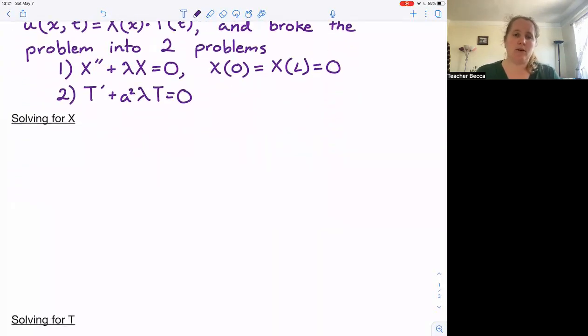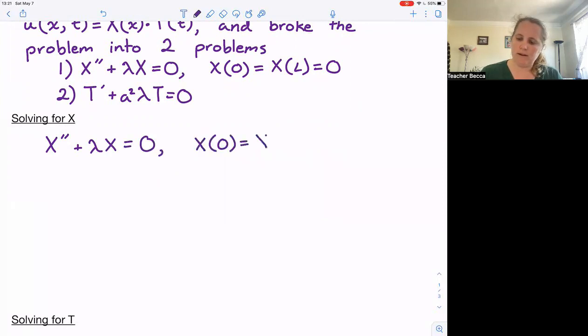So first off, solving for X, we are looking at X double prime plus lambda X equals 0, with X of 0 equaling X of L equaling 0.